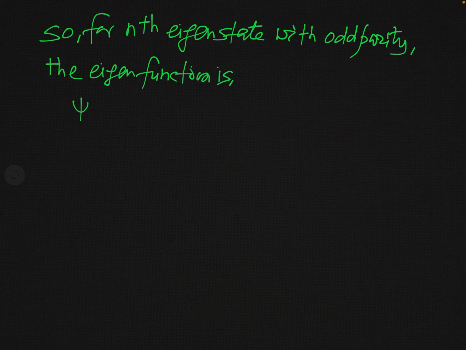we will write this eigenfunction as psi n of x, and as you can see, this will be square root of 2 over a sine kx, but we have calculated that k is equal to 2n pi over a times x.